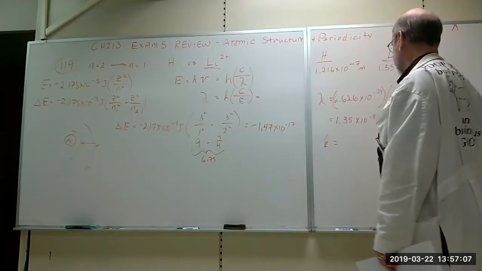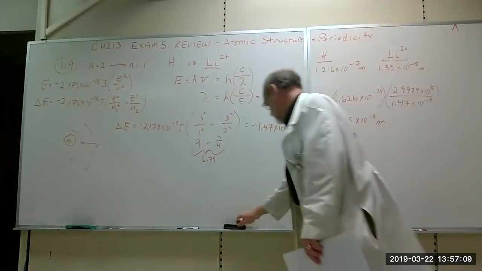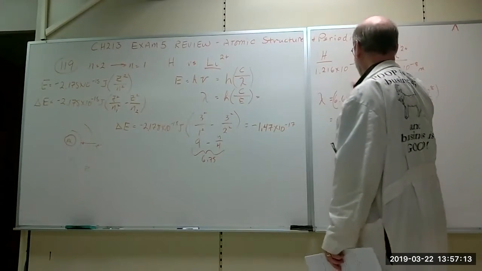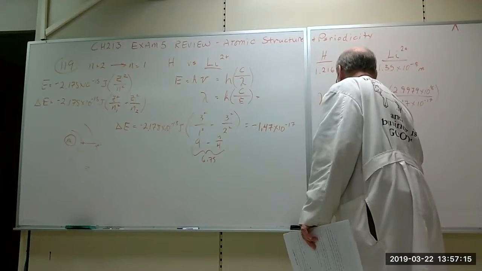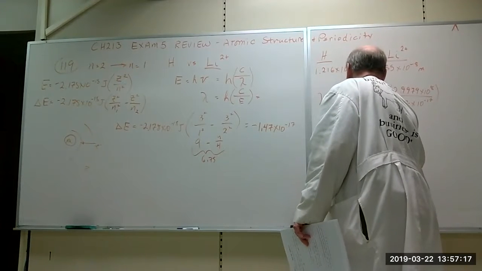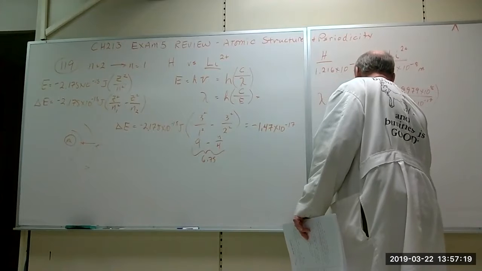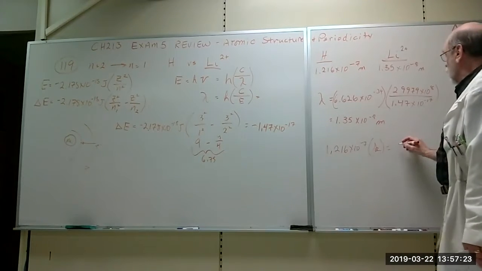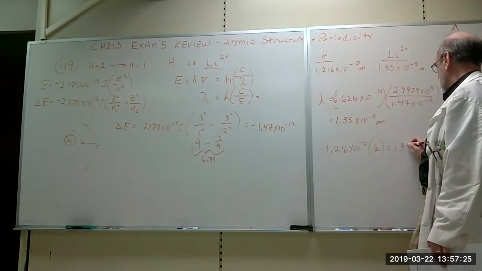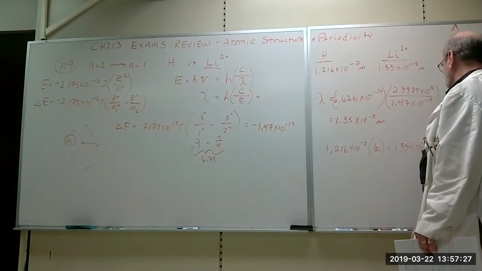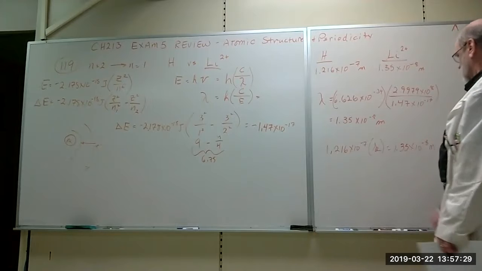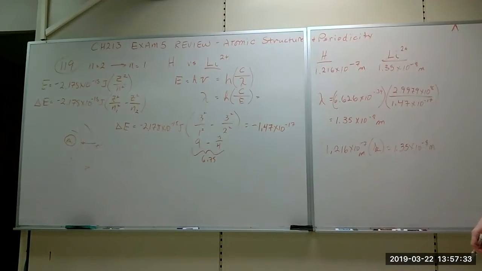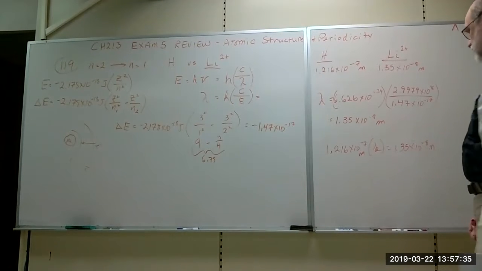So what coefficient do we have to multiply that one by? 1.216 times 10 to the minus 7 times some value to equal this one. Right? That's the way the wording is.